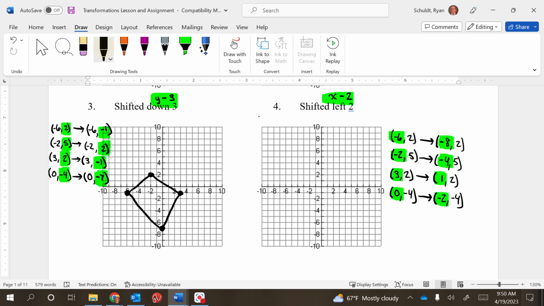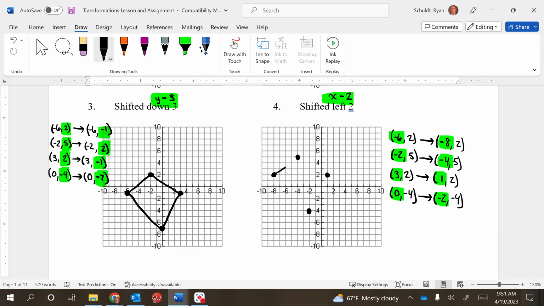So then we plot our new points. Negative 8, 2. Negative 4, 5. 1, 2. Negative 2, negative 4.